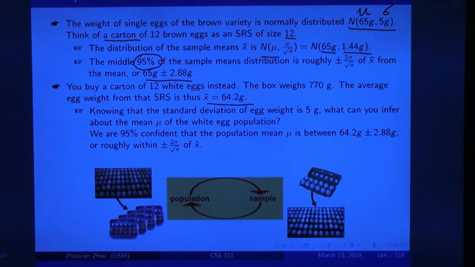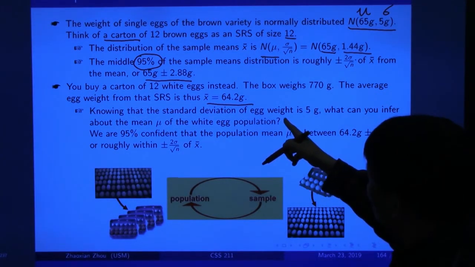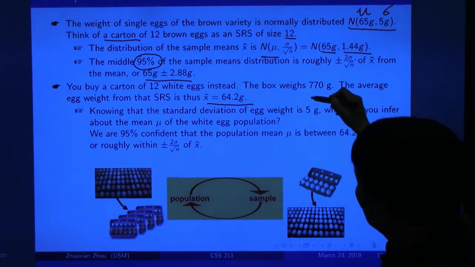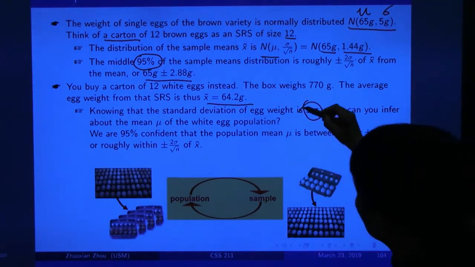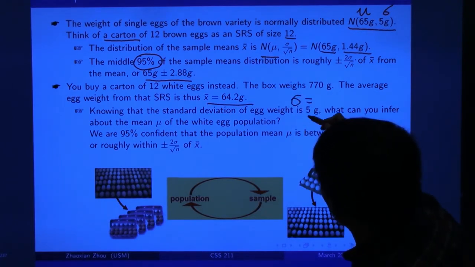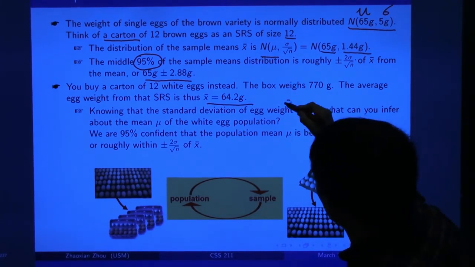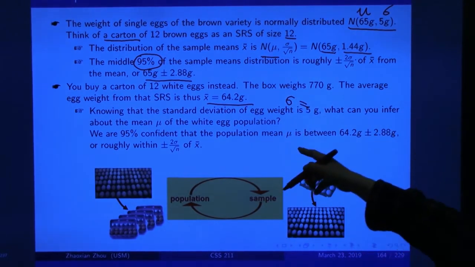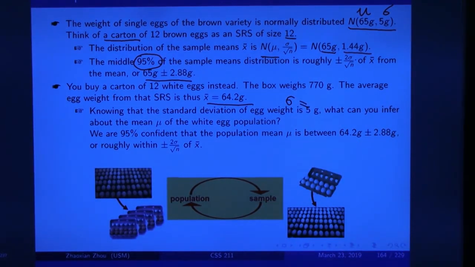We know another piece of information, which is the standard deviation of the eggs of the population. This one equals 5 grams. So sigma equals 5. And this sigma is the standard deviation of the population, not the standard deviation of the sampling distribution.